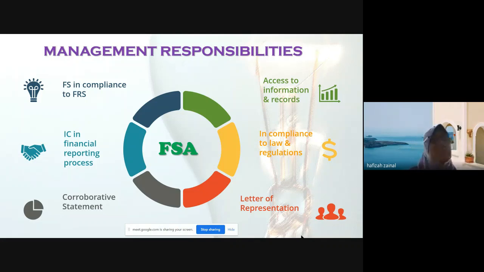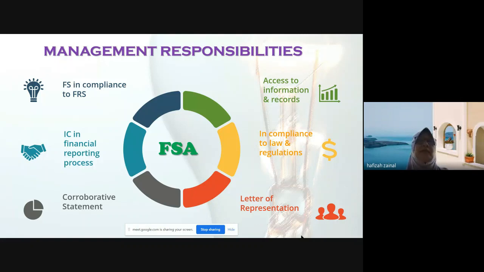So clients must be aware that whatever their statement is will be used as evidence in the course of the audit. So they must know that whenever they give clarification or information, it must be accurate, relevant, and reliable.